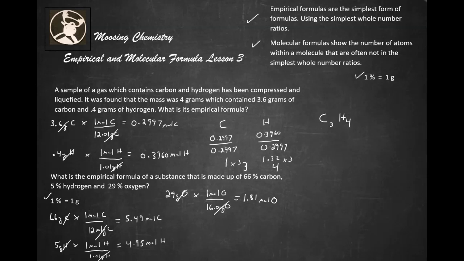All right, so what we're going to do is take the smallest one, which is oxygen, and put it under the other guys. So we'll do carbon, hydrogen, and oxygen. We're going to get 5.49 divided by 1.81, 4.95 divided by 1.81, and of course 1.81 divided by 1.81.